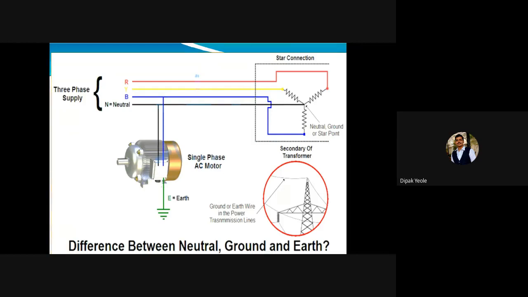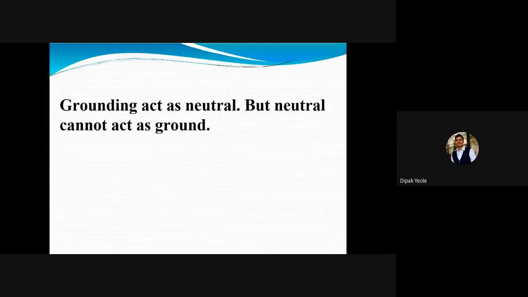Okay, now the next question is, grounding acts as neutral, but the neutral cannot act as ground. So I told you that we can use grounding as neutral. Yes, sometimes if there is a fault. So here you can see grounding can act as a neutral, but neutral cannot act as ground, so you have to remember that.